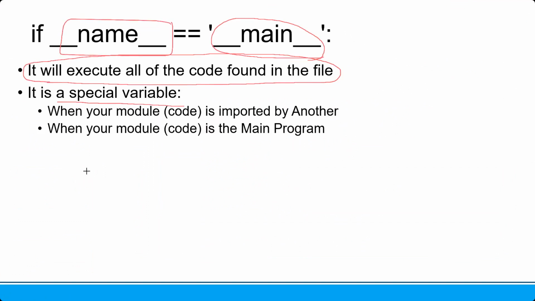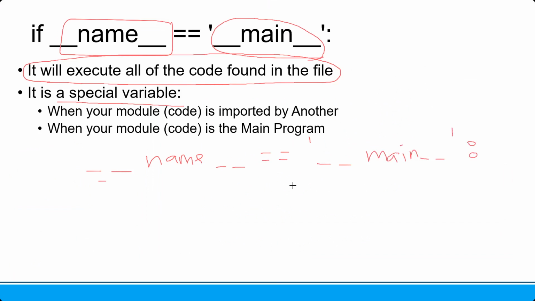So it is underscore underscore name underscore underscore equal double quote underscore underscore main underscore underscore quote, and then colon.